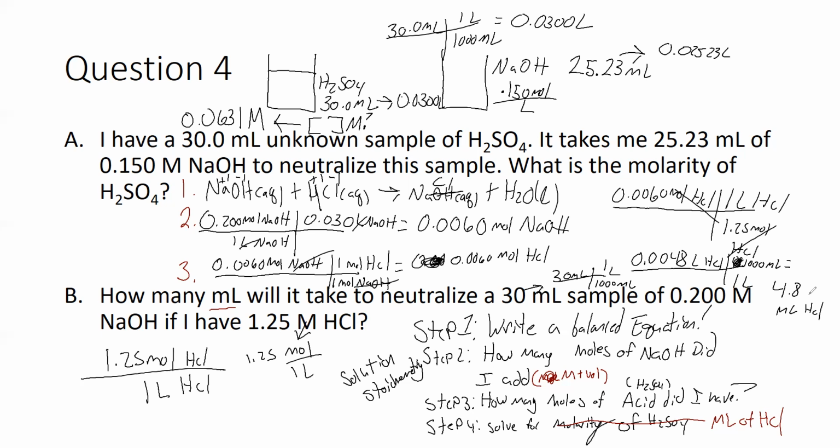Once you get a lot of practice in, steps 2, 3, and 4 can all be done in one calculation. But I think to begin with, for these types of problems, it's very nice to work them out stepwise like this, so we can actually see what's going on at each single step of the problem. And like I said, I will find more titration problems and put those up so you can have a lot of practice on this. And hopefully after you do this a couple times, it will start to make sense.